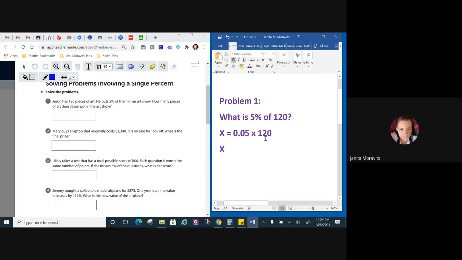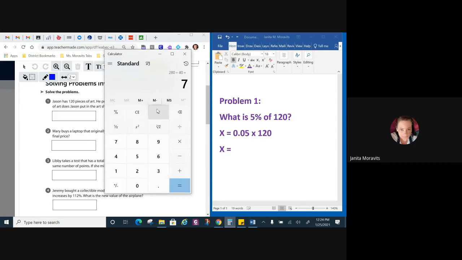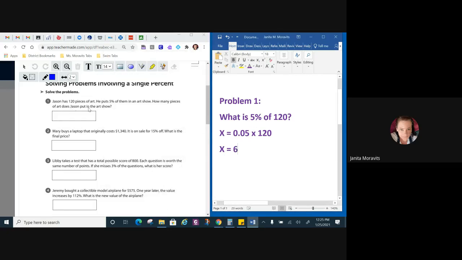X equals, and let's get our calculator. 120 times 0.05 is equal to 6. So that means that they put 6 pieces of art into the show. So you just put your number 6 right there.